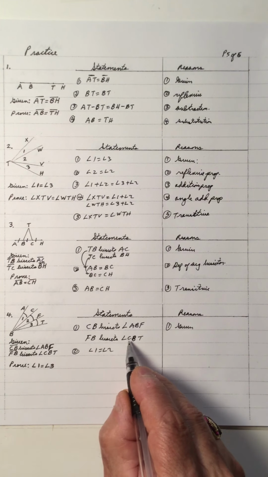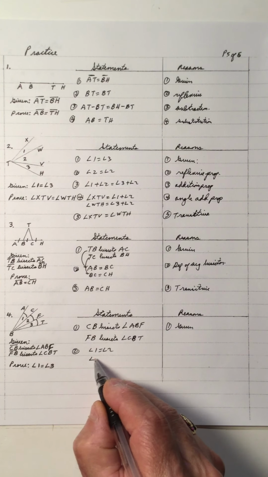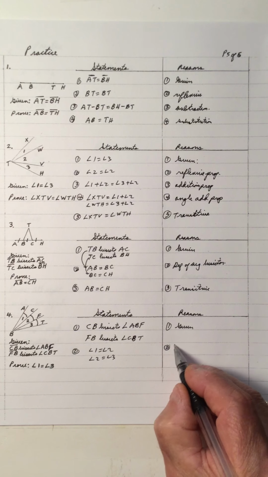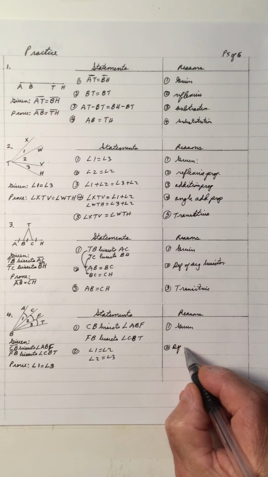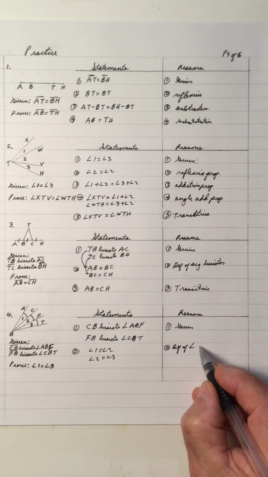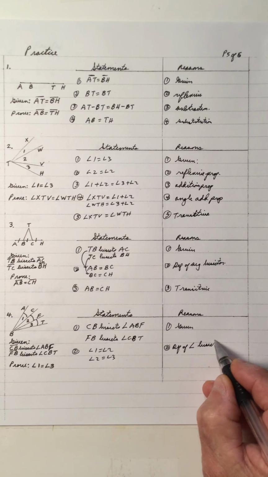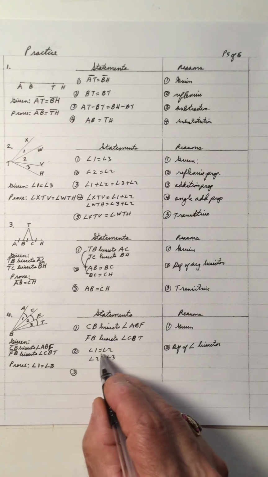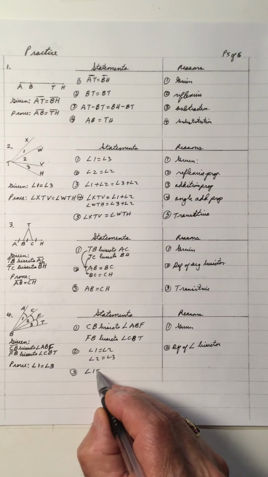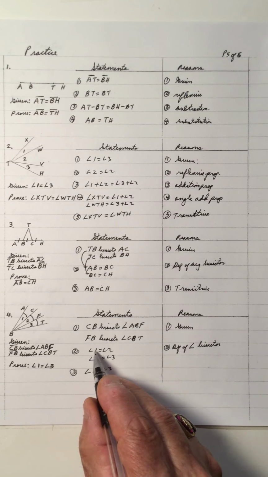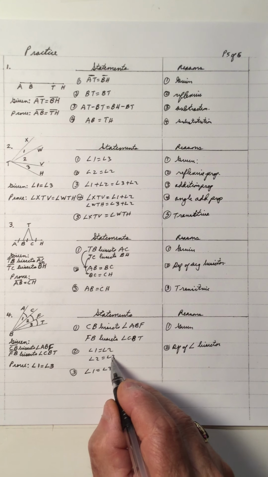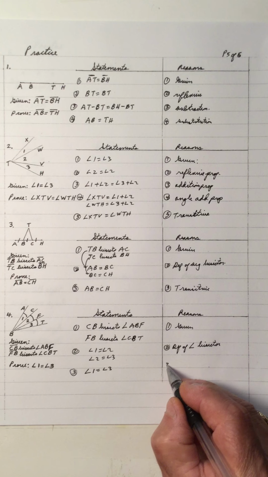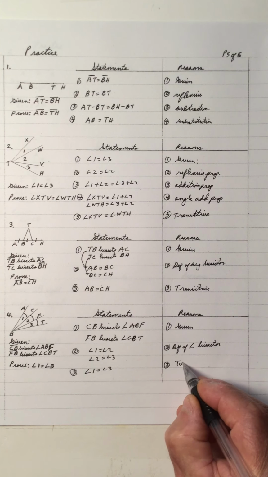Because BF bisects CBT, angle 2 equals angle 3. And that's the definition of an angle bisector. Notice I got the angle symbol. And number 3, angle 2 is here twice, so angle 1 equals angle 3. If angle 1 equals angle 2 and angle 2 equals angle 3, that means that 1 equals 3. They're all equal. And the reason is transitive.